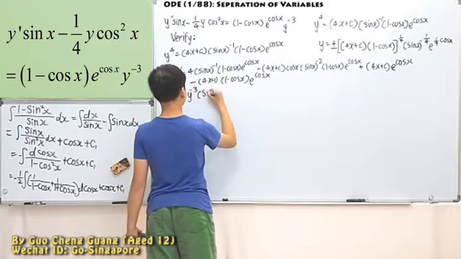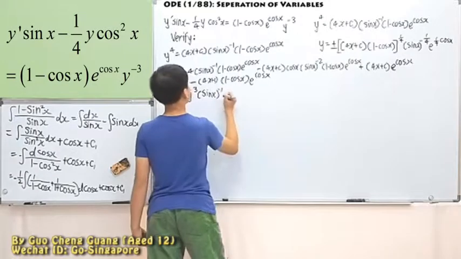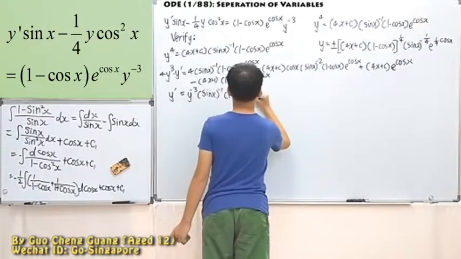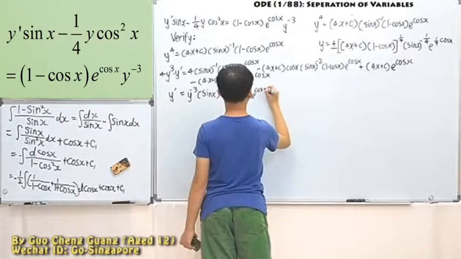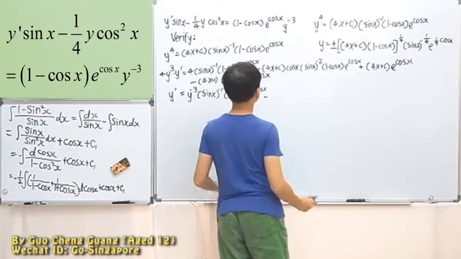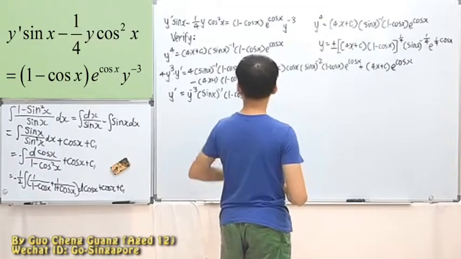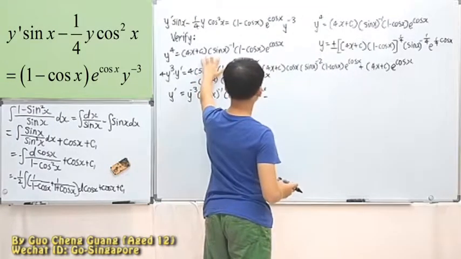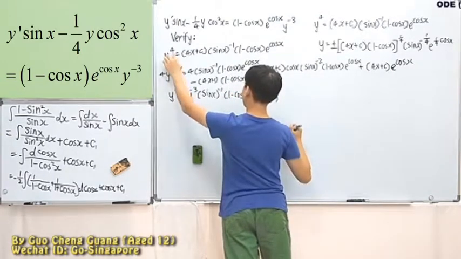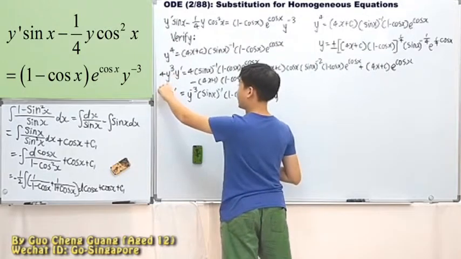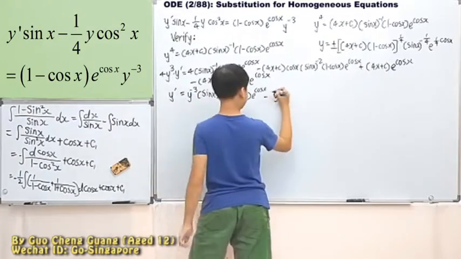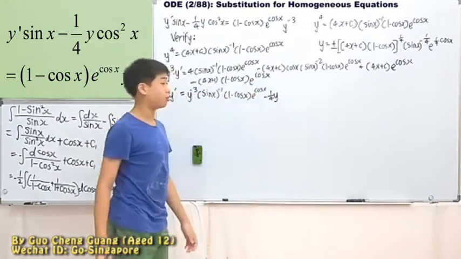Okay, we can try to make y to the power of 4, but since we need to divide it by this, y to the power of 3. So you just get y here. After you need to divide this 4. So you get 1 over 4.